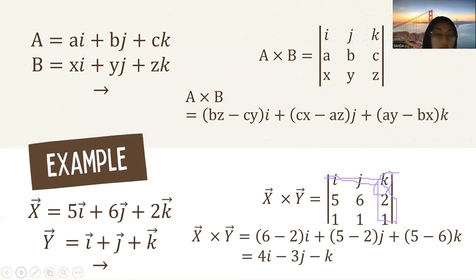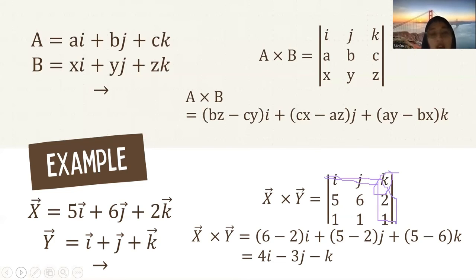And so that will be this: 6 minus 2 is 4 for i hat, plus 5 minus 2 is 3 for j hat, and 5 minus 6 is minus 1 for k hat.